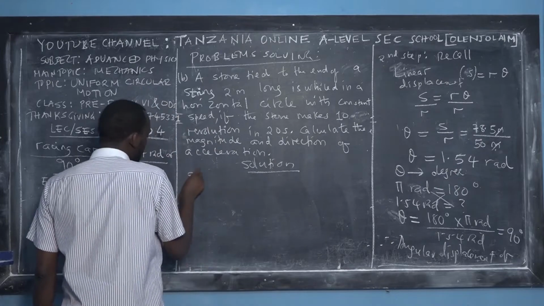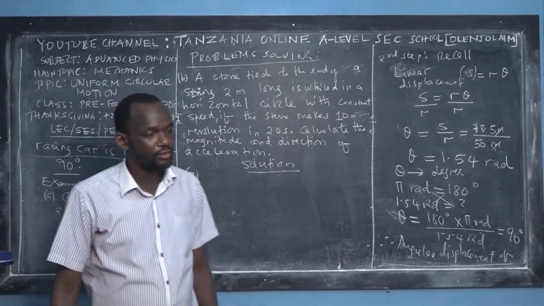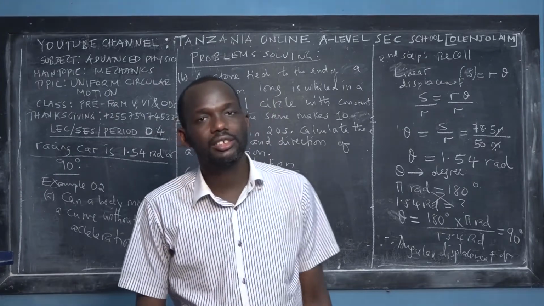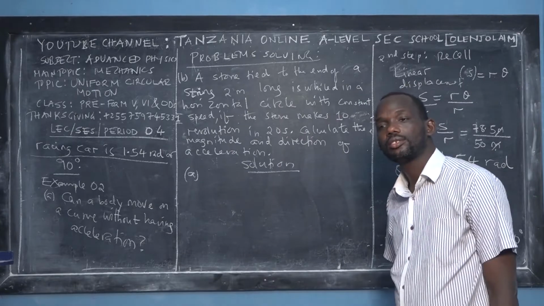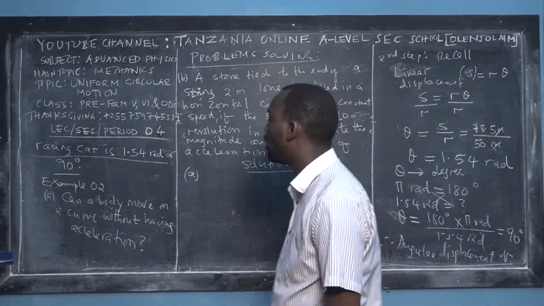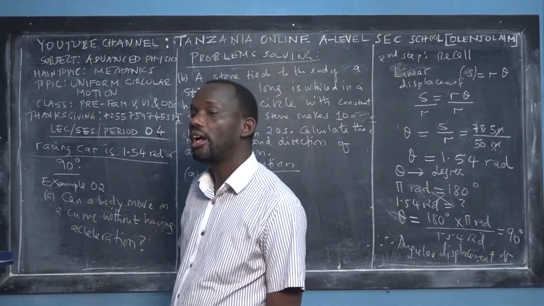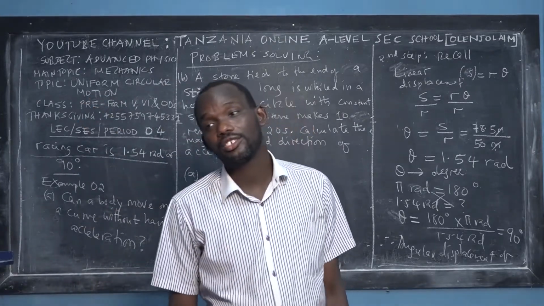Part A, what are you saying? Take a few seconds to think. Is it possible for a body to move in a curve without acceleration? No. Why no? First of all, what is acceleration?